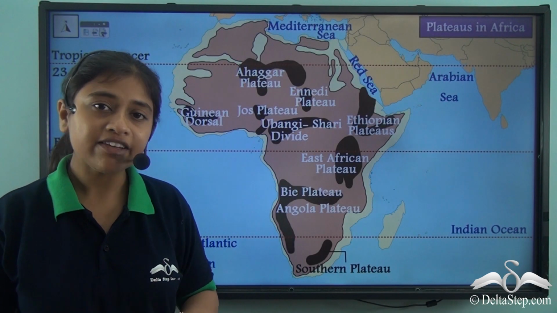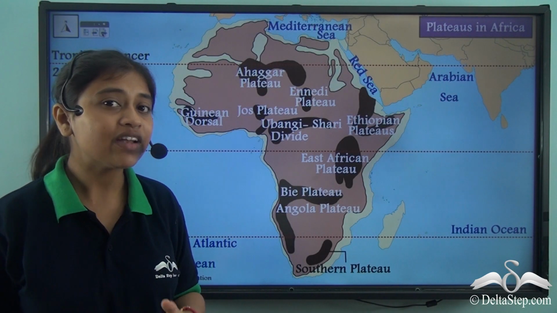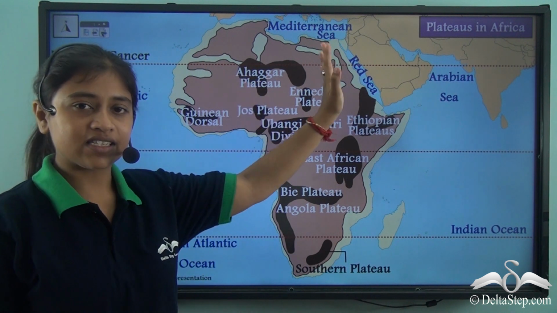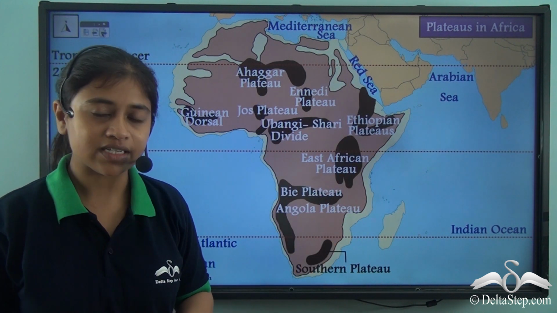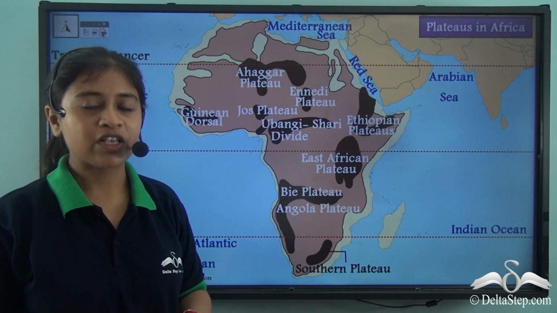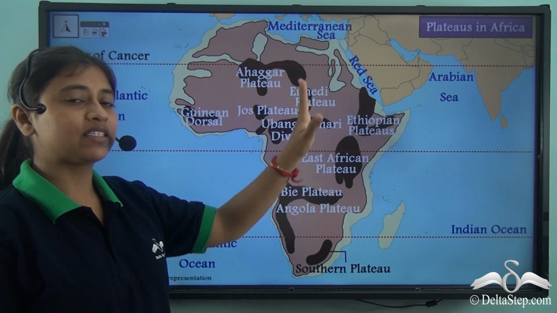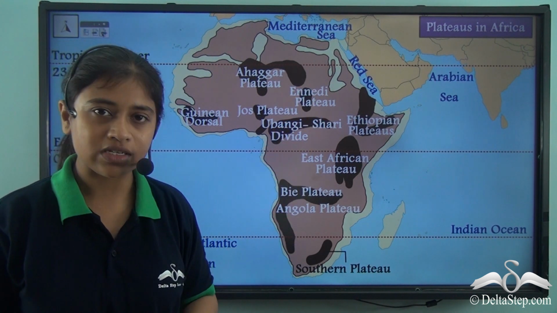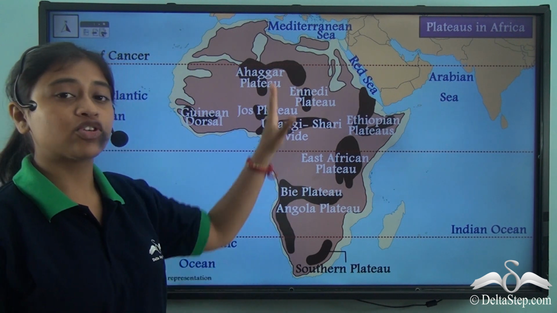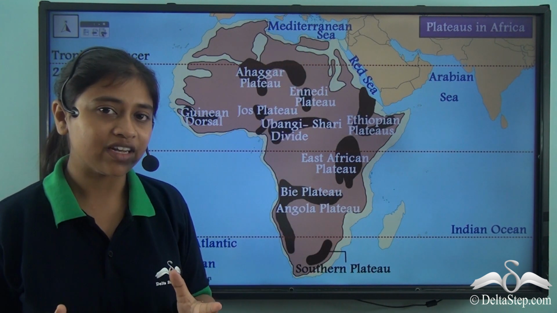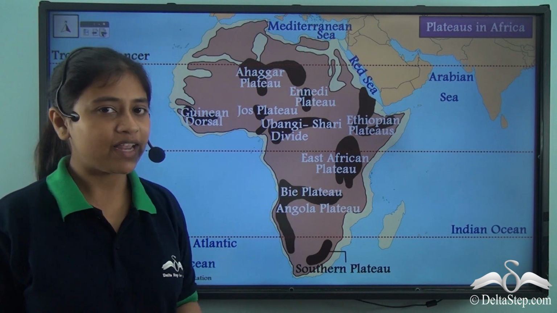Now we see the African plateau is believed to be steeper and higher in elevation in the eastern and southeastern part of the continent than the western part. So it gently slopes towards the western side, making the plateaus of the eastern region higher in elevation than the western plateaus.